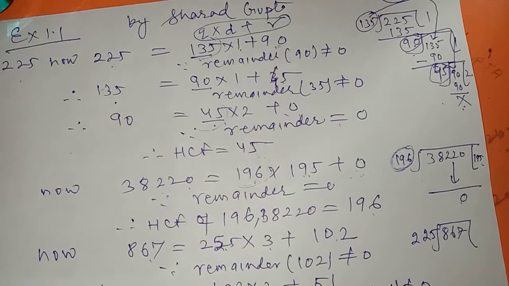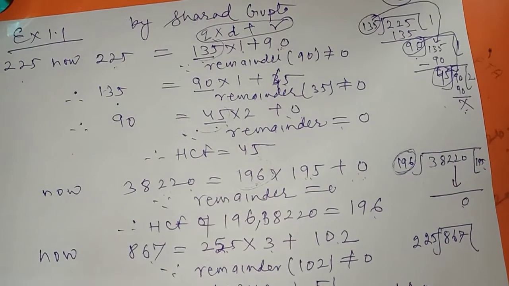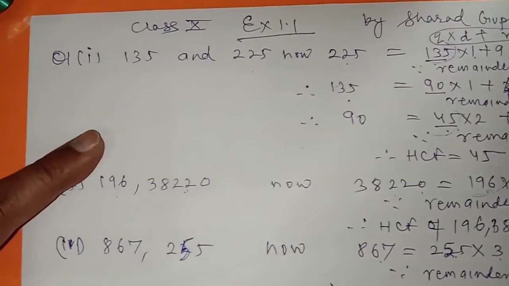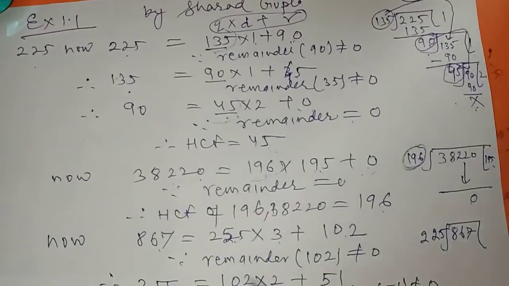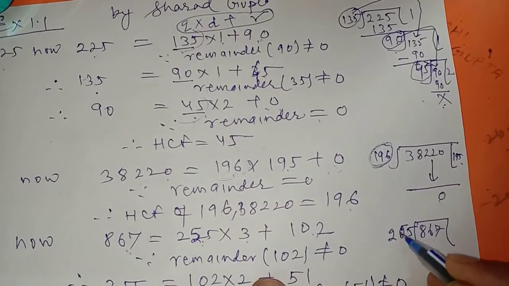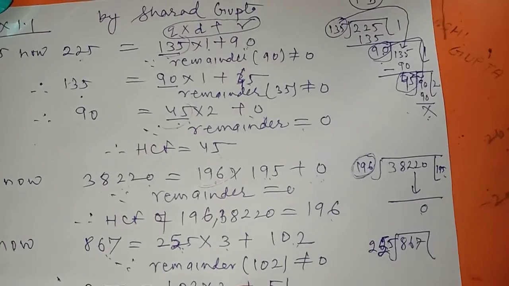You should have the NCERT book with you always. When you are doing this, it is 255. This is 255, not 225. So dividend is equal to divisor into quotient plus remainder. So it will be 255. So divide it.